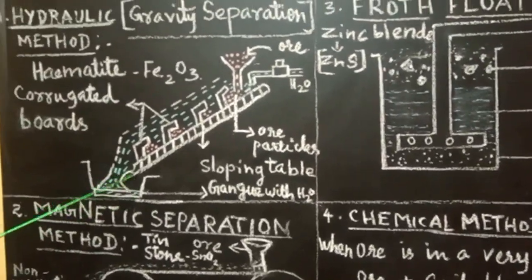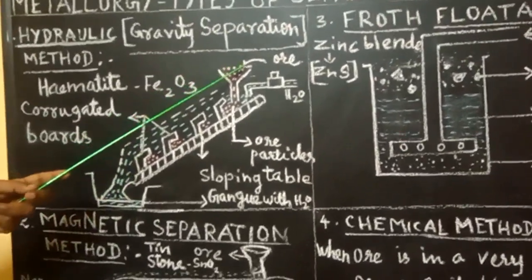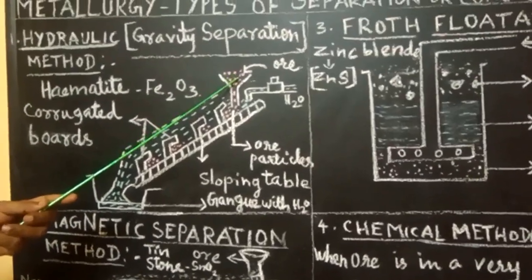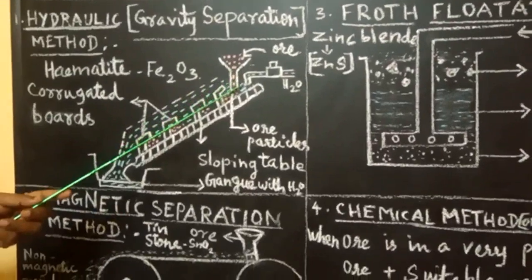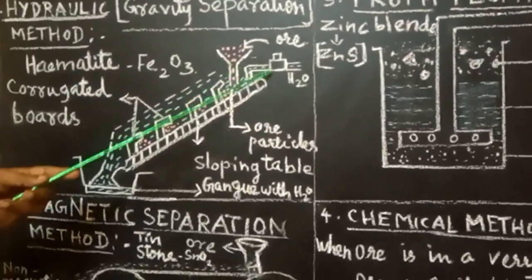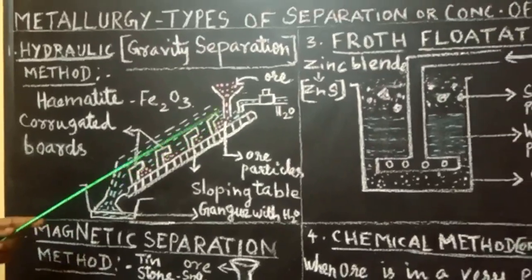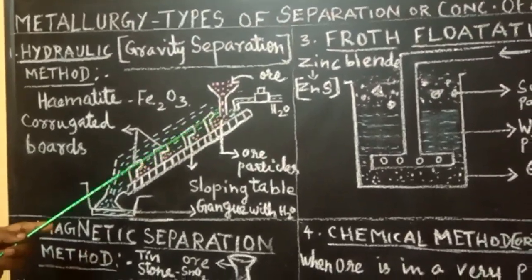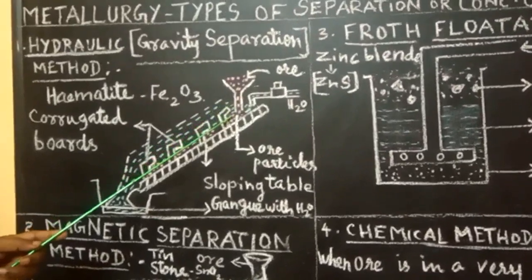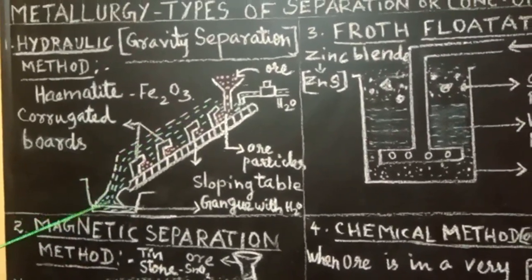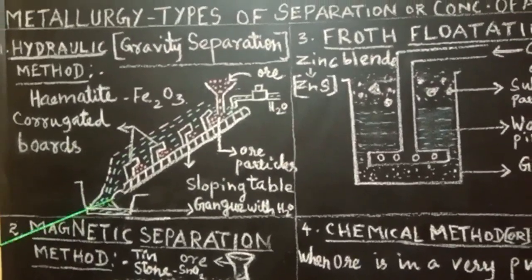So I'll repeat here. The powdered ore is poured on a sloping, vibrating table with grooves, and then water is allowed to flow over this. Here, heavier metallic particles settle down in the grooves and lighter particles are washed away with water.